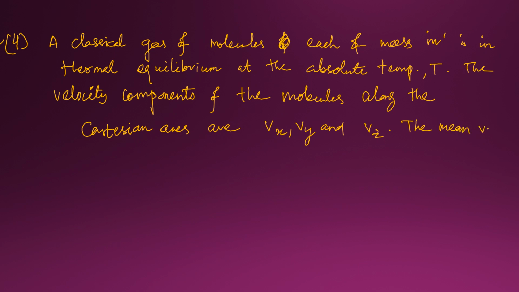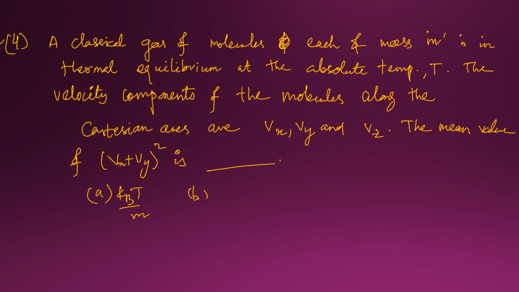The mean value of (Vx plus Vy) whole square is: option A, kBT by m; option B, 3 by 2 kBT by m; option C, half kBT by m; option D, 2 kBT by m.